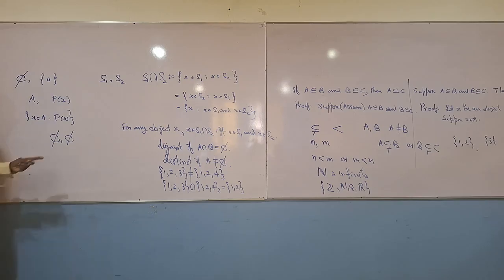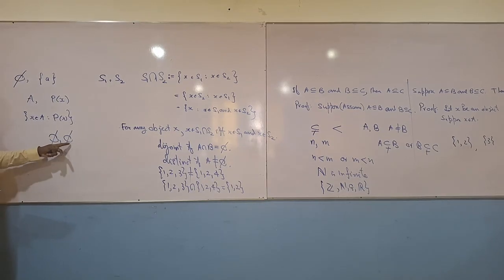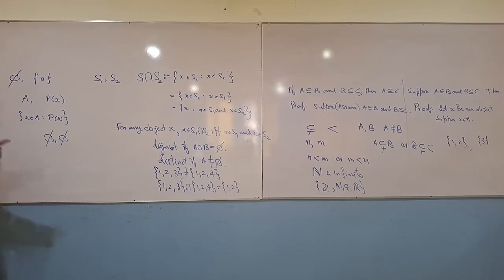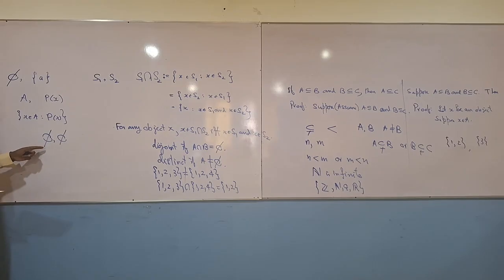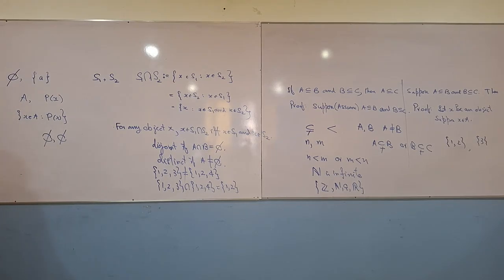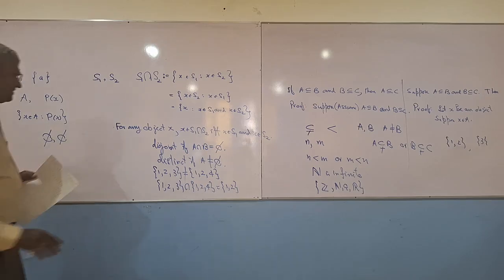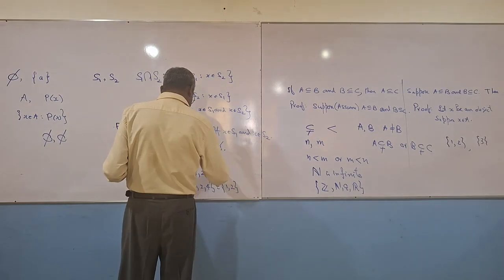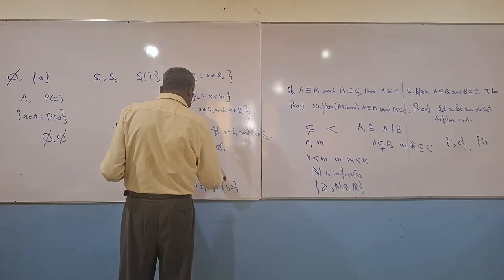But not distinct. We proved that there is one and only one empty set. So the empty set and the empty set are disjoint but not distinct, so he is pointing that out. Distinct if A is not equal to B. It's important that you point it out.